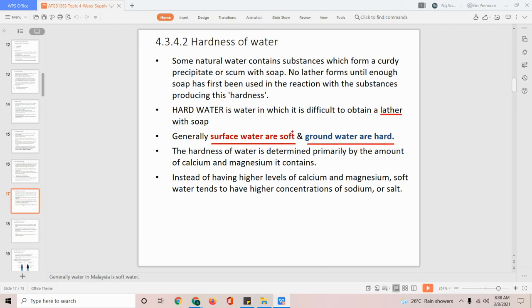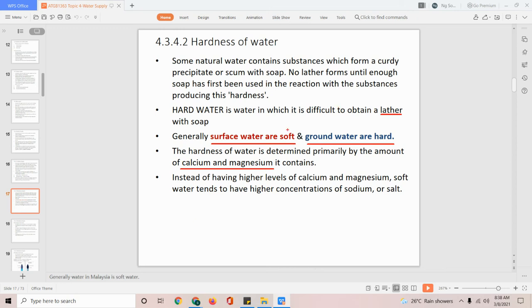So what determines whether water is soft or hard is the amount of calcium and magnesium. So generally in Malaysia, because we have a lot of river water, we are more towards soft water supply. It doesn't necessarily mean the whole of Malaysia is all soft water.